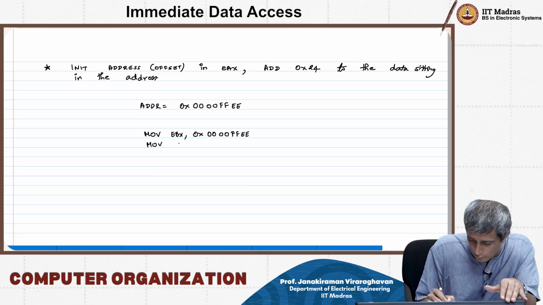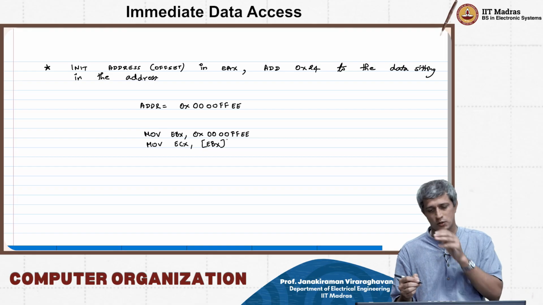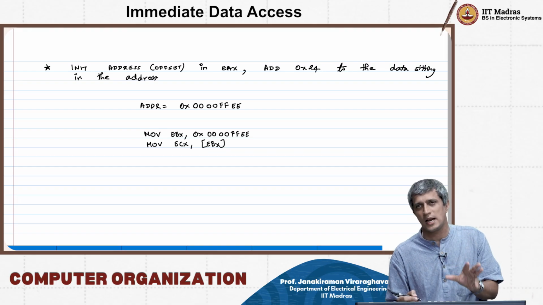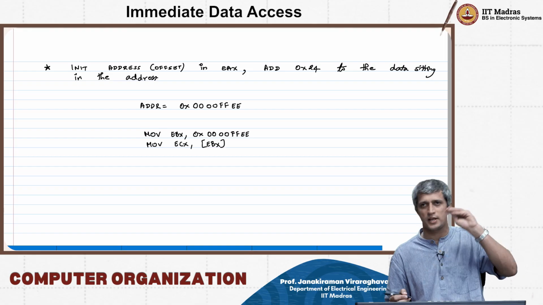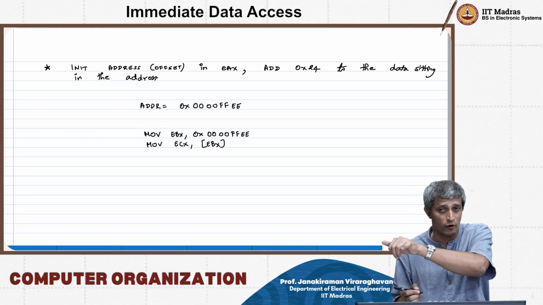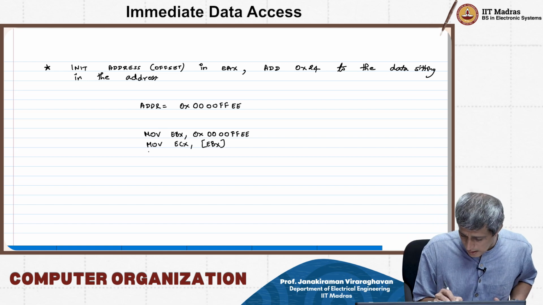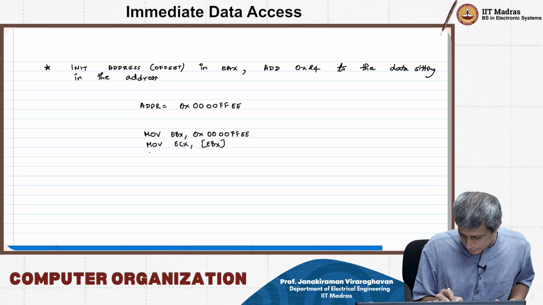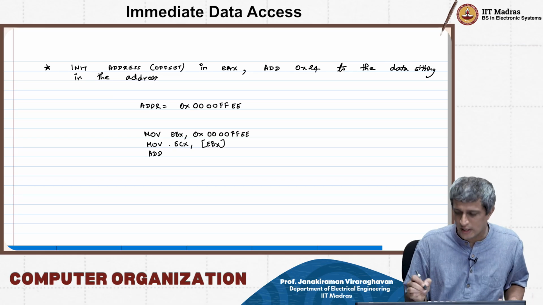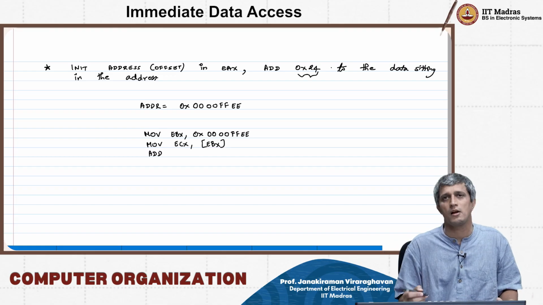I can do move ECX, comma contents of EBX, right? So EBX will be treated as an address offset, and then you use this data segment register, calculate the address, get the data, get the value from that into ECX. Okay, and then now I want to add the immediate data 0x24 to this particular value.